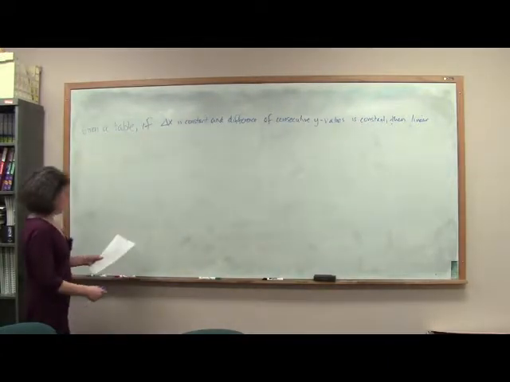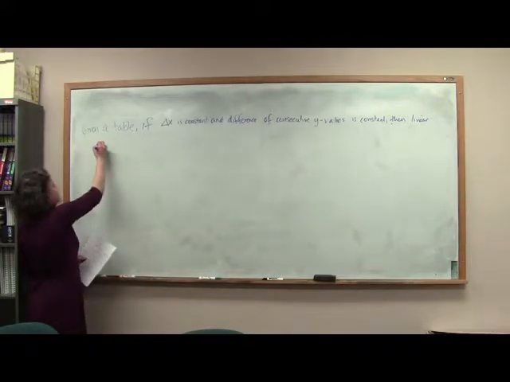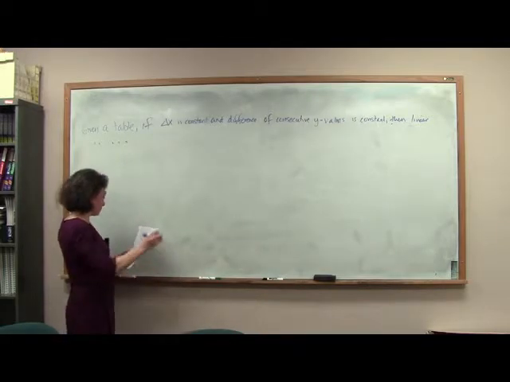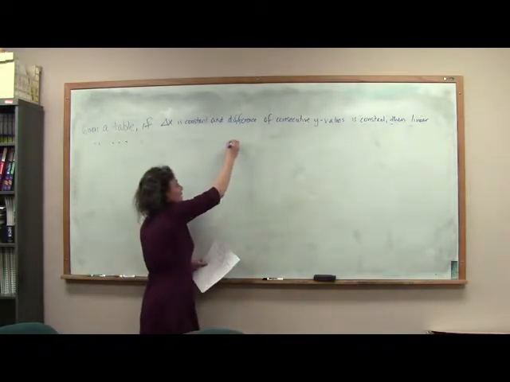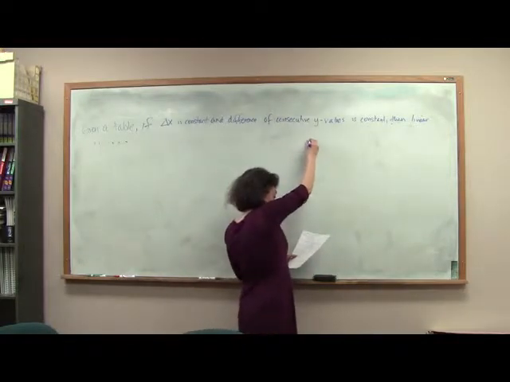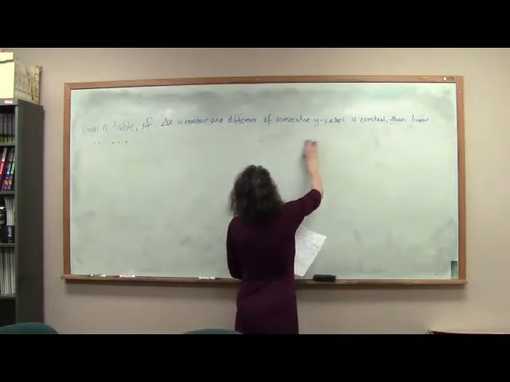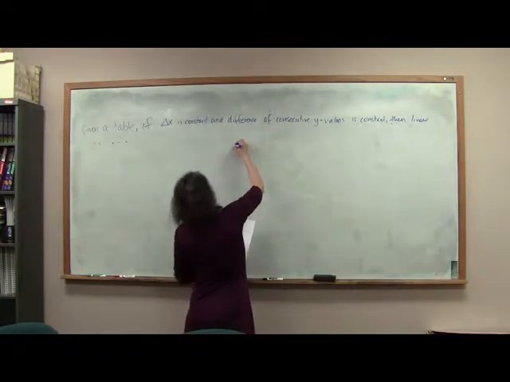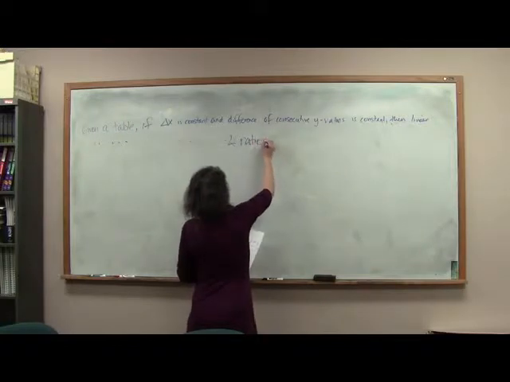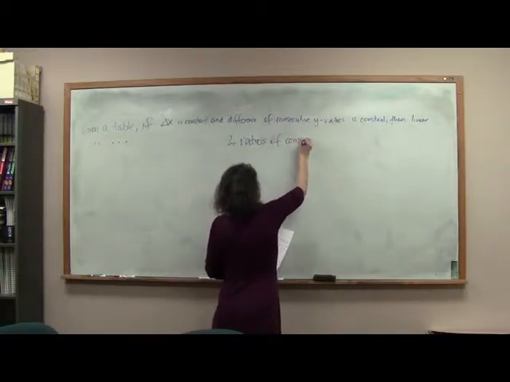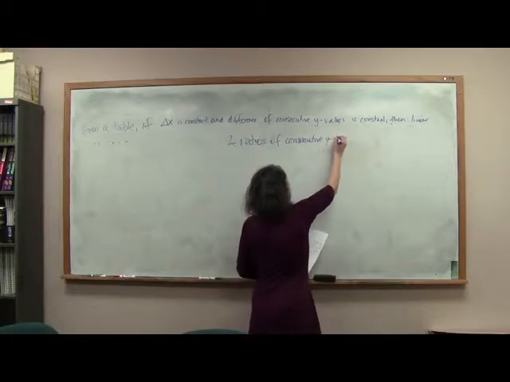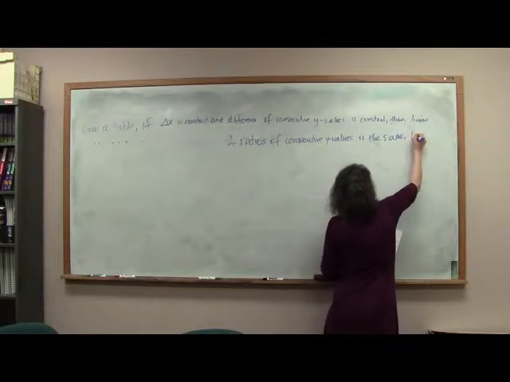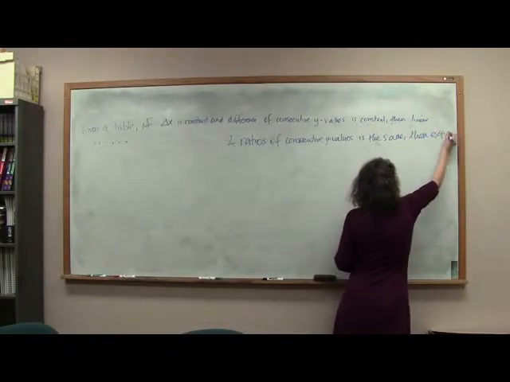Okay? Now, on the other hand, given a table, this is why I wrote it long across so I wouldn't have to rewrite too much. If the change in x is constant and the ratios of consecutive y values is the same, then we have an exponential function.